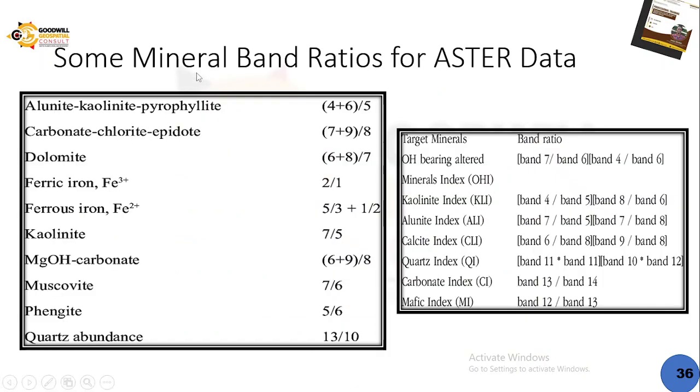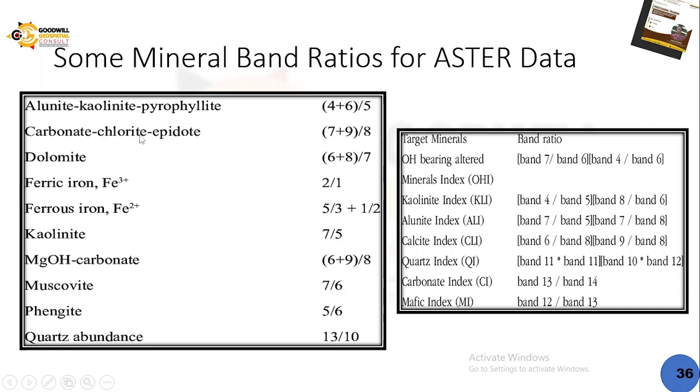Now this is also the band ratio coding for using ASTER data. So if we want to map alunite, kaolinite and pyrophyllite, we use band 4 plus band 6 all over band 5 in the ASTER data.